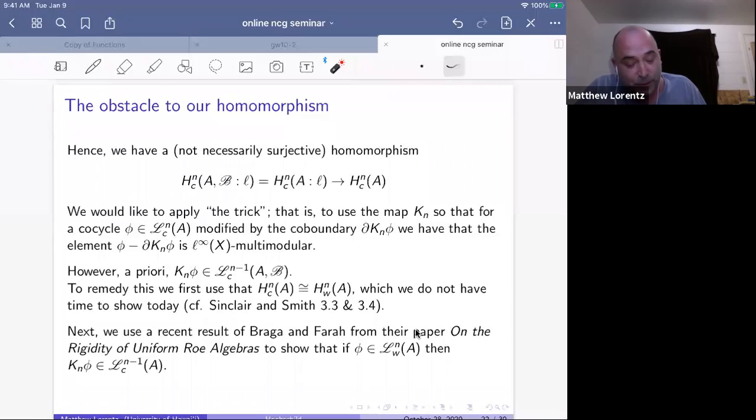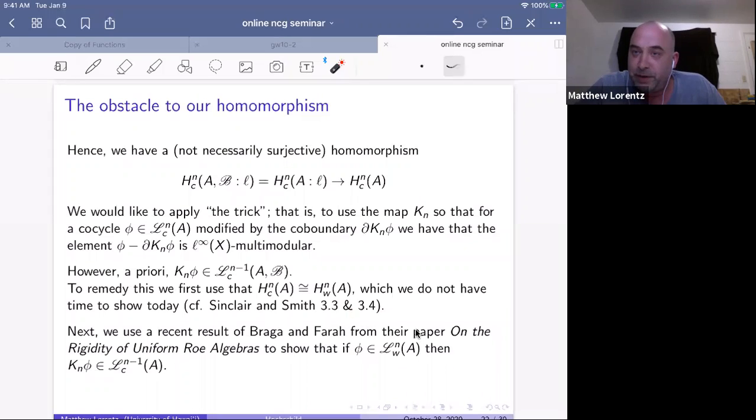And then that would mean that this is not a coboundary in here. It would be a coboundary in the maps from A to B, but it might not be a coboundary in there. So to remedy this, we first use that the continuous Hochschild cohomology is isomorphic to the normal Hochschild cohomology, which I don't have time to show today, and it's technical and there's not a lot of content to it. But it's in Sinclair and Smith's book in 3.3 and 3.4.